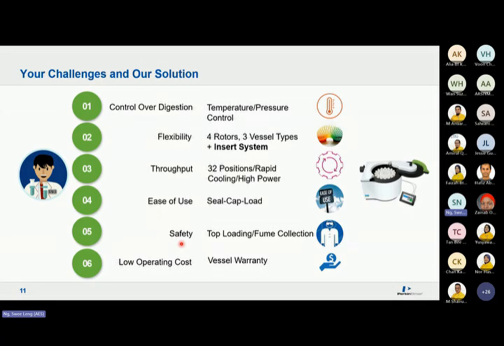You want to consider that also. And then you want a system that has a very low cost of operation. Whether they only warranty the oven, will they warranty your vessel? You have to think about all this in your mind.